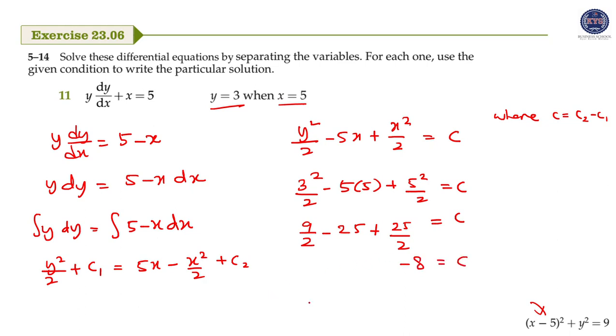Alright, so therefore I have y squared over 2 minus 5x plus x squared over 2 equals negative 8. So let's simplify.